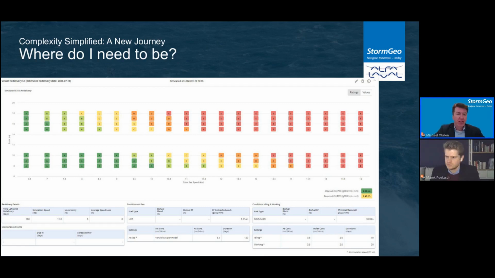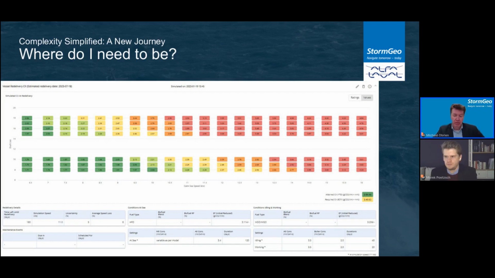And while there's a lot of different boxes with different colors here, and it may be a little bit difficult to see, on the y-axis you have some drafts, and on the x-axis you have a variety of speeds and what they correlate to in terms of a CII rating. And then there's also in that upper left, or excuse me, the upper right-hand side, the ability to also view that in terms of grams of CO2 per deadweight ton nautical mile.